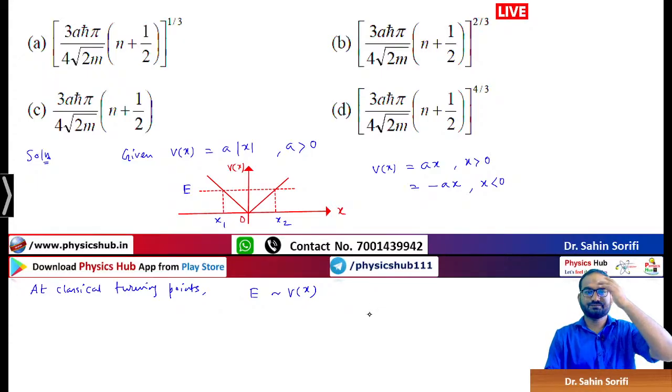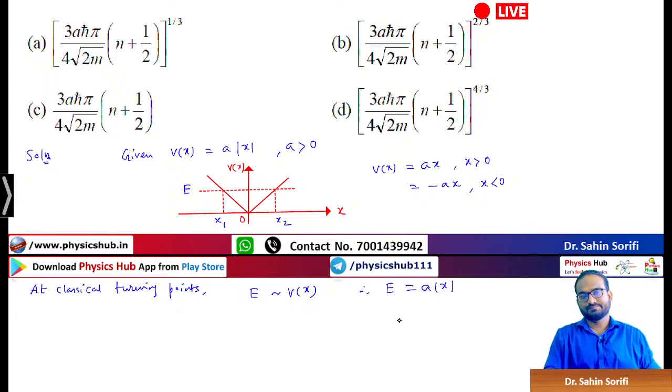Okay, so we can say E equals a mod x, and from mod x equals E by a, that is why x equals plus or minus E by a.